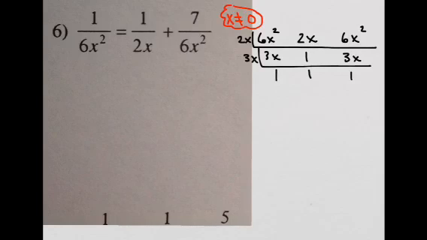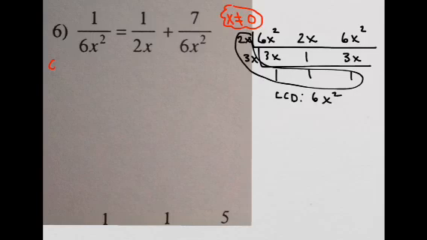So once you have 1 as your common factor for any 2 or 3 of them, you're done. So like here, the last row is all 1s, we're done. So we multiply together, that gives me the LCD of 6x squared. Okay, so that's what I'm going to use to multiply, 6x squared, that's my LCD.